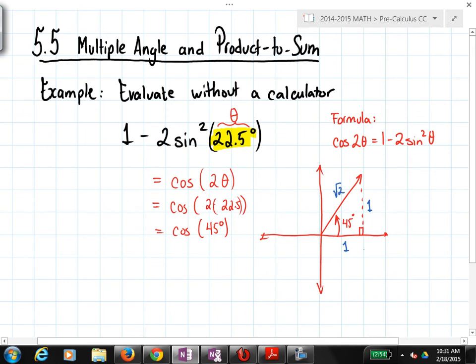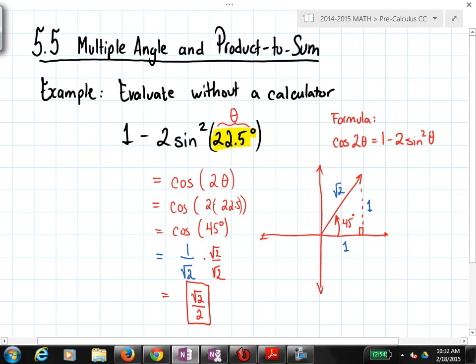Cosine is adjacent over hypotenuse. So what is my answer here? 1 over the square root of 2. And of course, if we wanted to simplify, just multiply by the square root of 2 over the square root of 2, and we're left with the square root of 2 over 2.